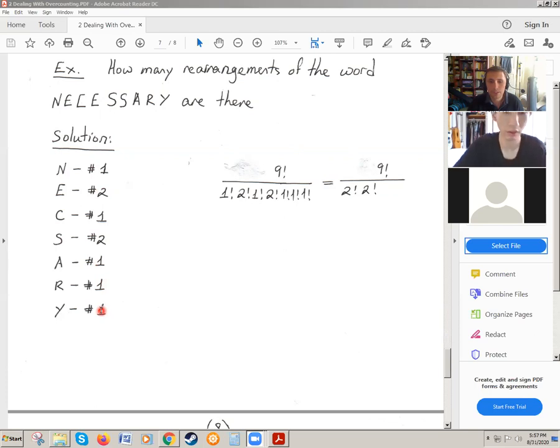Good? And so if you ever forget, always try to reason as we did before. Now it's the same situation as with the pawns. We have altogether 9 letters, so 9 factorial documents divided by 1 factorial rearrangements of N, 2 factorial rearrangements of E, 1 factorial rearrangement of C, 2 factorial rearrangements of S, 1 factorial rearrangement of A, R, and Y, which are annoying to write, so it's 9 factorial divided by 2 factorial, 2 factorial.